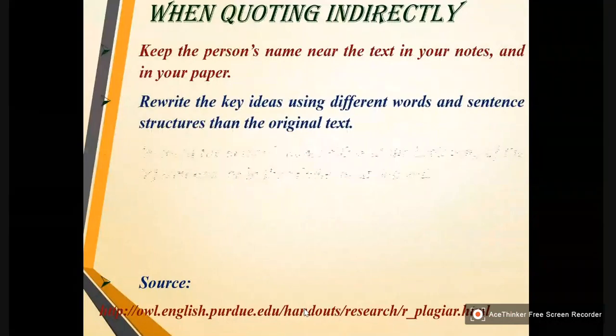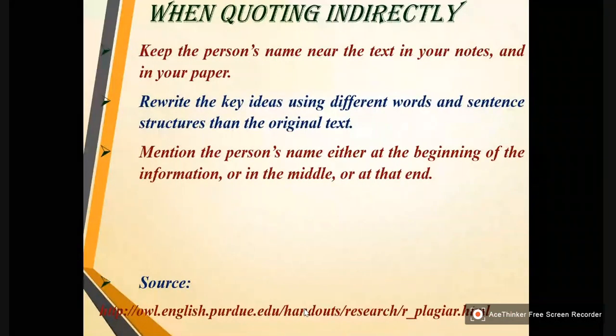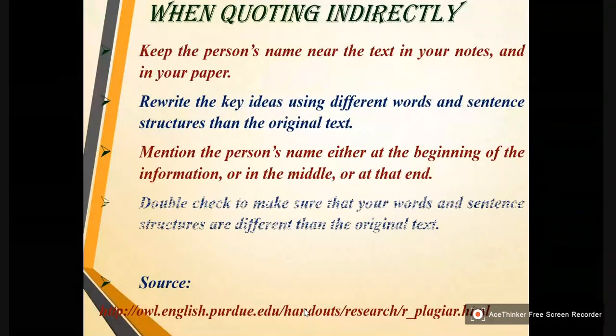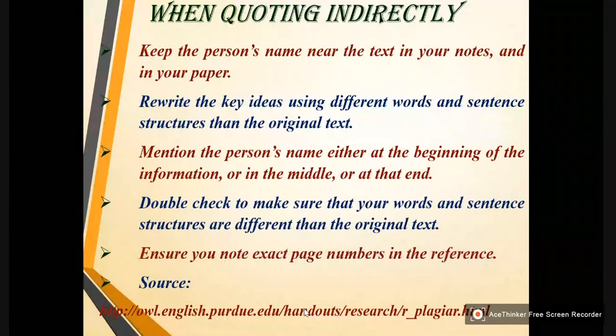So when you are quoting indirectly, keep the person's name near the text in your notes and in your paper. Same thing: in direct quoting and indirect quoting also, the person's name is to be given. Rewrite the key ideas using different words and sentence structure than the original text.